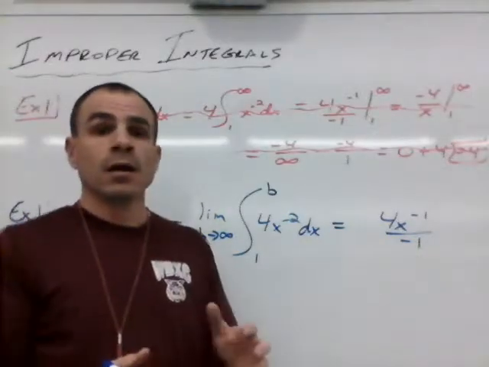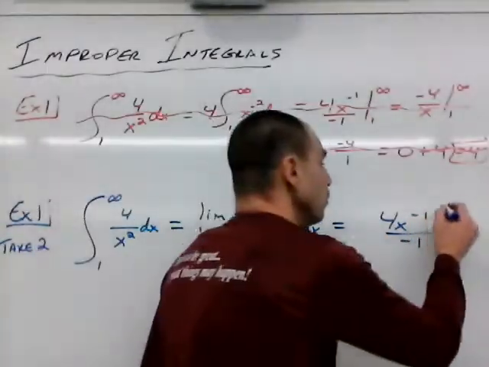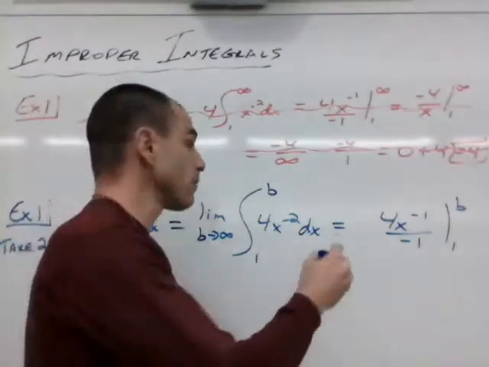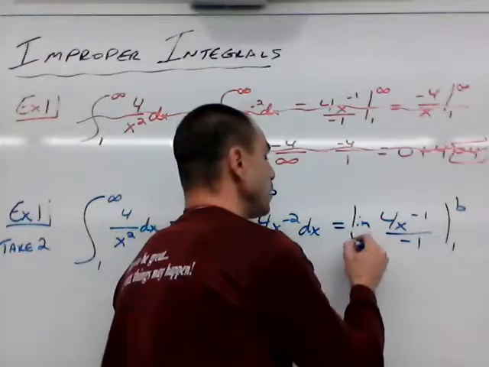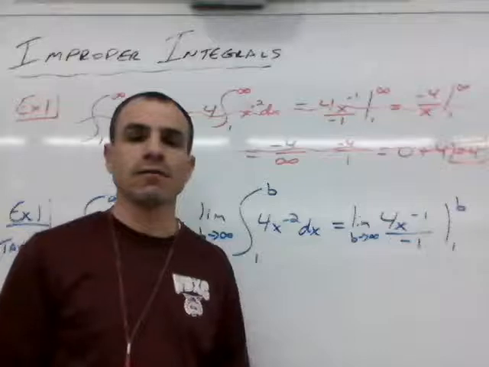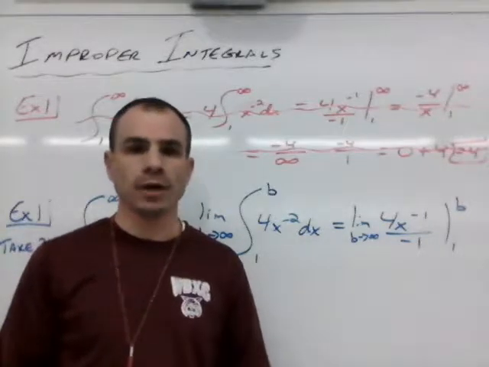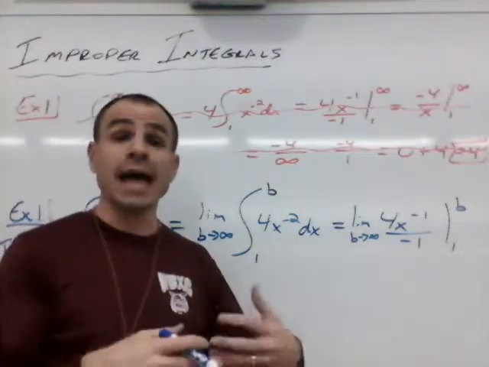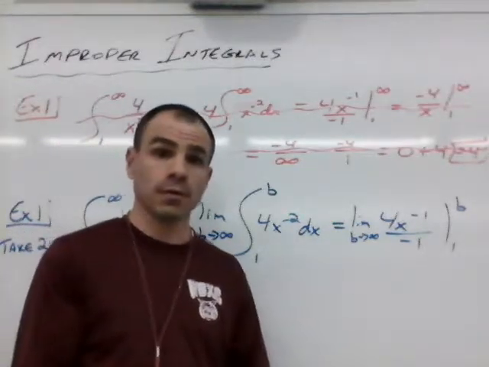Our bounds are still 1 to b, and we still need the limit notation out front. So we have the limit as b approaches infinity of 4x to the negative 1 over negative 1, evaluated from 1 to b. That limit needs to stay there until we actually take the limit.